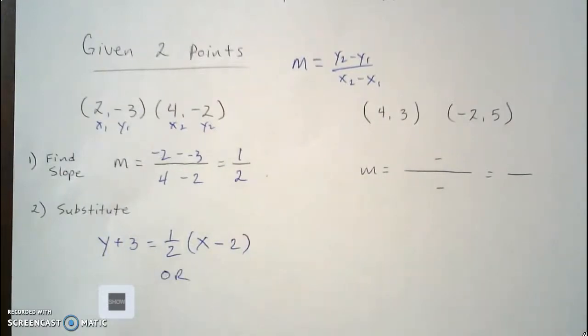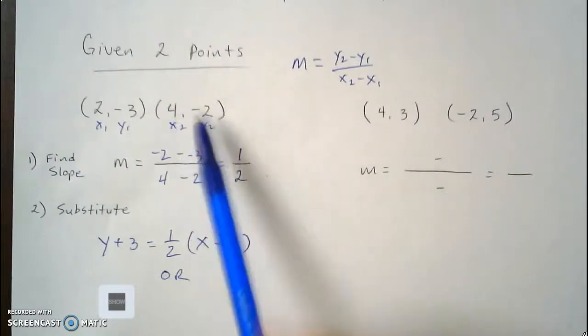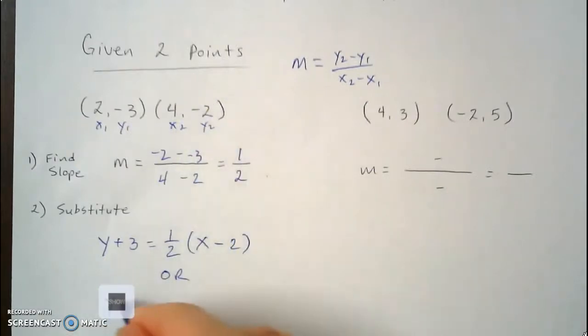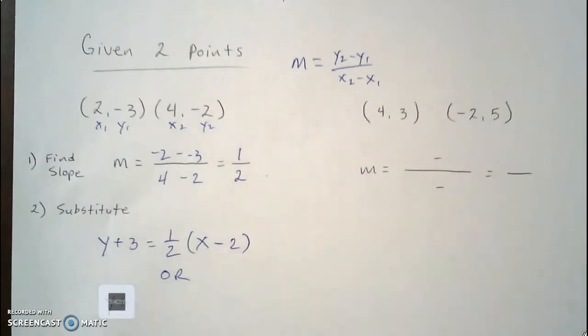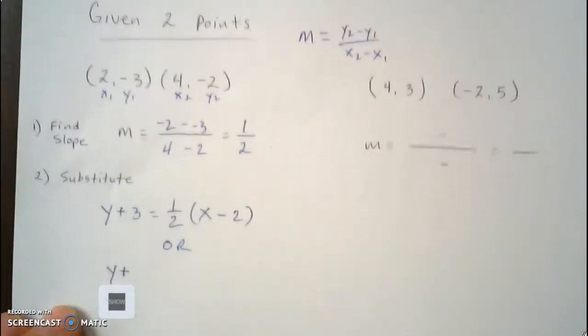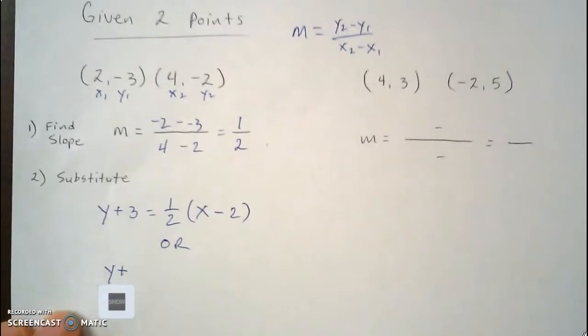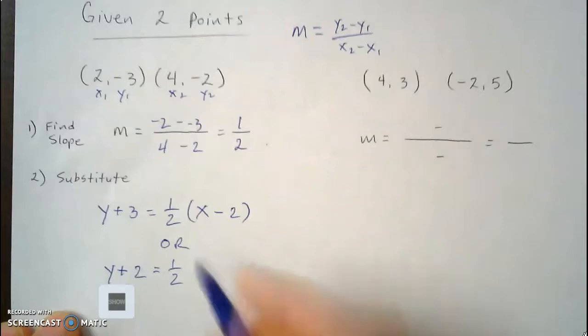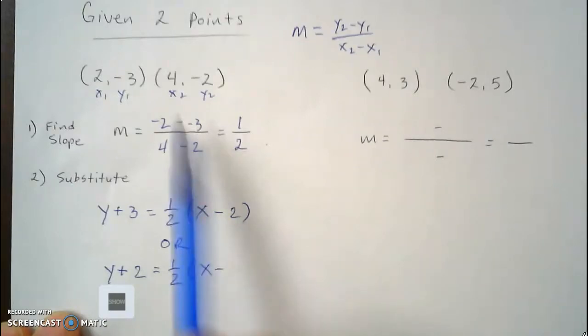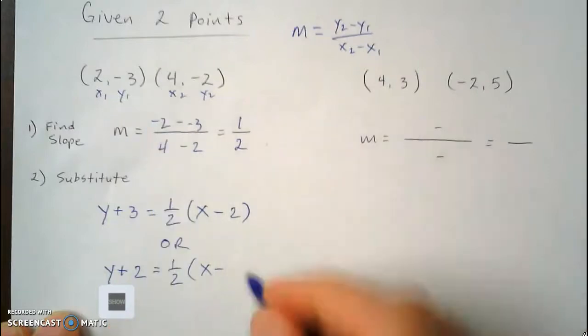Or you could use the second point. And it would read y minus, y is negative, so I'll make that plus. Oh wait, we can't see that. There it is. y plus 2, 1/2 is still the slope. x minus, again the formula says minus, 4.